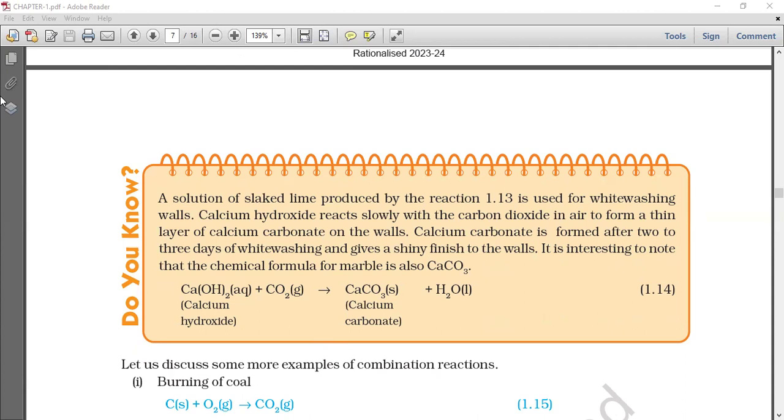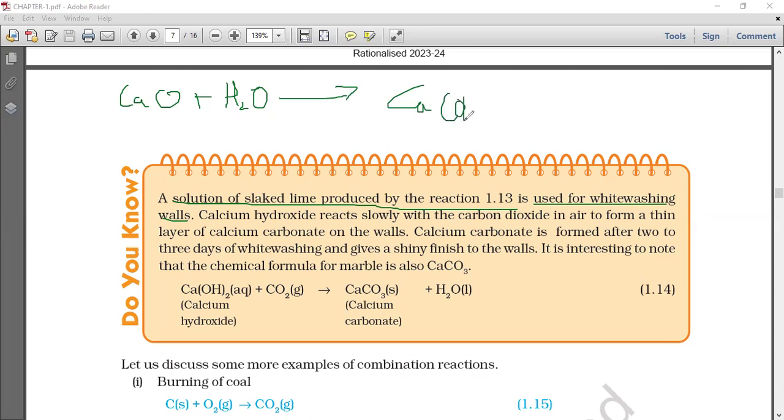One more point I'll tell you. A solution of slaked lime produced in reaction 1.3 is used for whitewashing walls. How did we get slaked lime? When we add calcium oxide plus water, we get calcium hydroxide, Ca(OH)2.